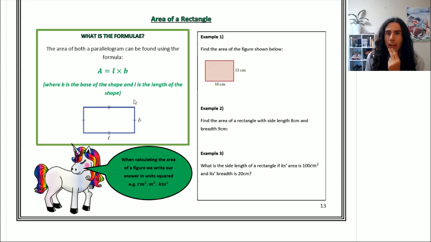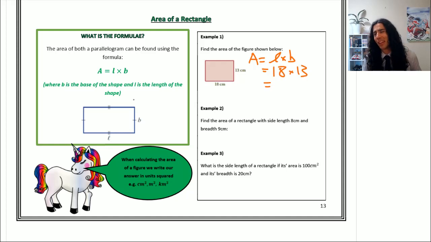So this one here, example 1, please write down. Area equals, yes, let's do the formula way. Length times breadth. The length is 18. Breadth 13. 18 by 13. 10 lots of 18, 180. 3 lots of 18, 54.